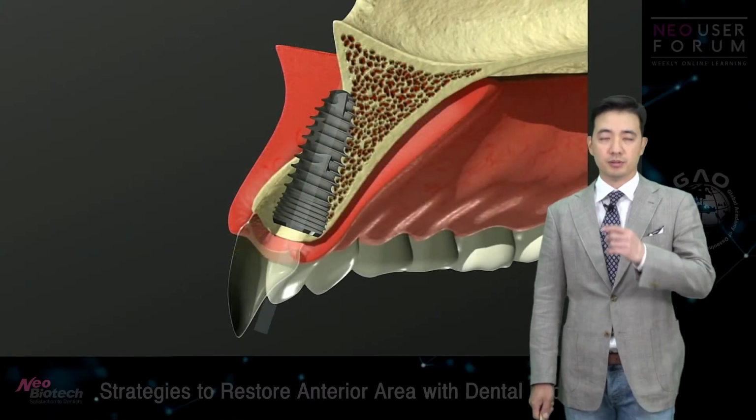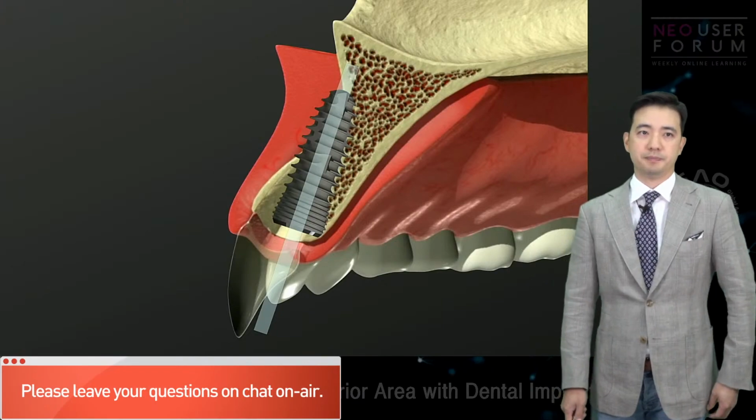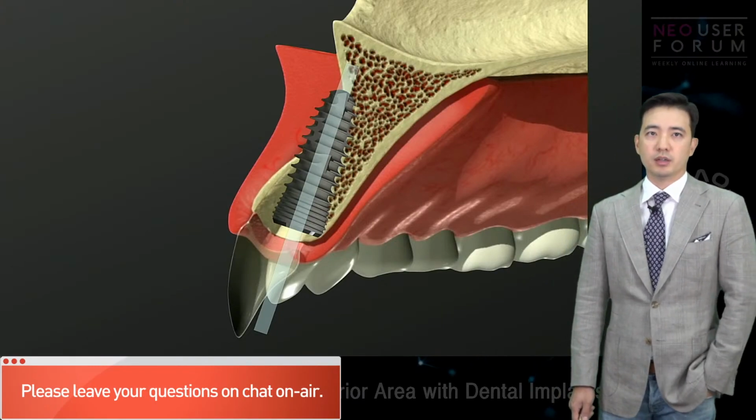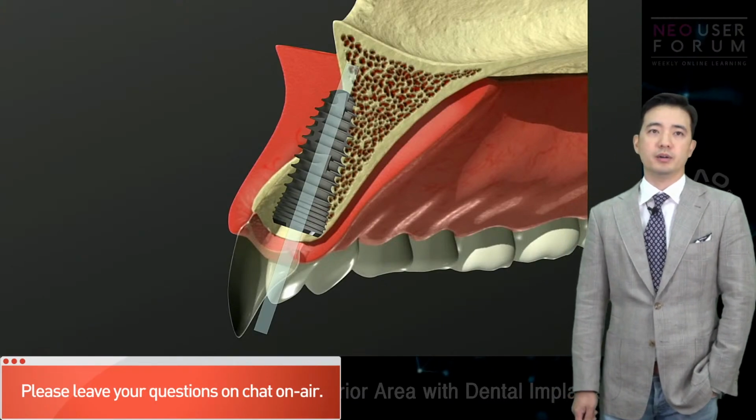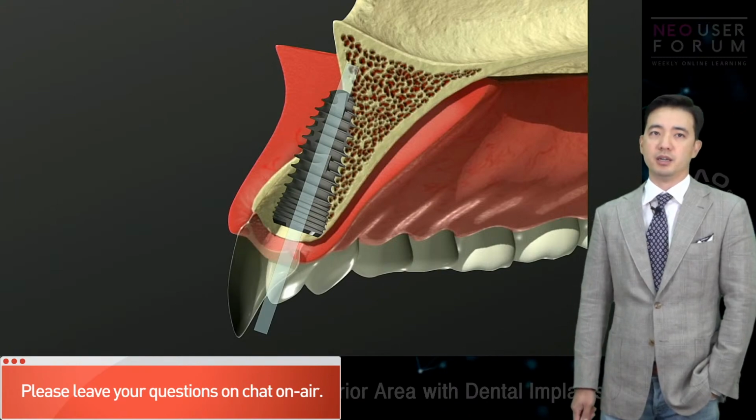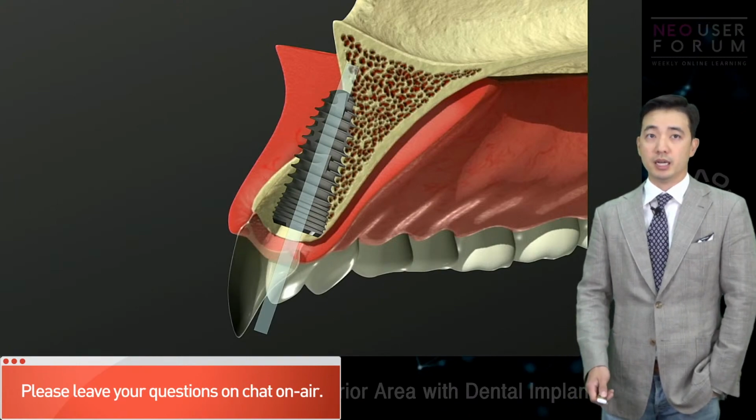So for example, let's take the positioning of an implant for the maxillary central incisors in this condition.